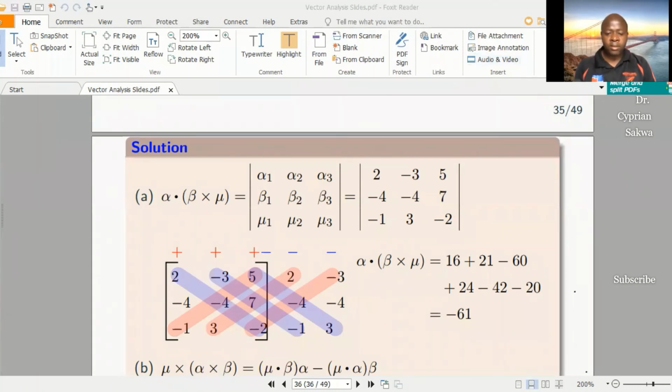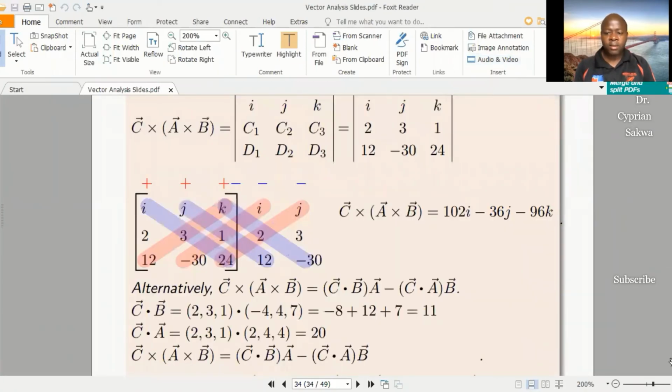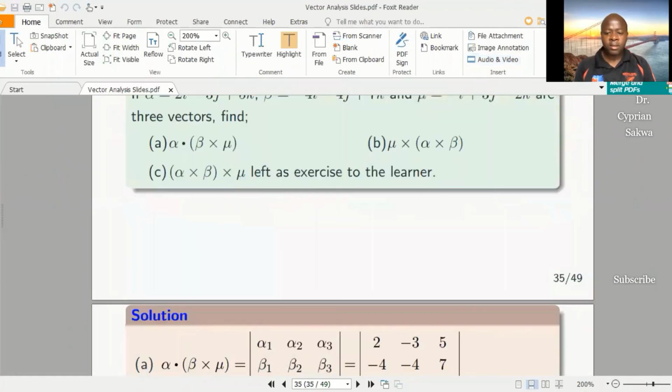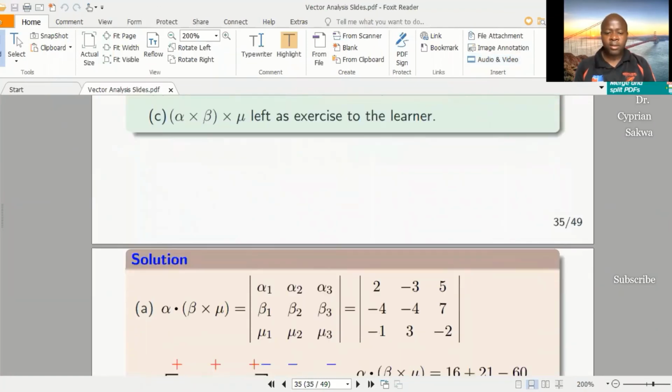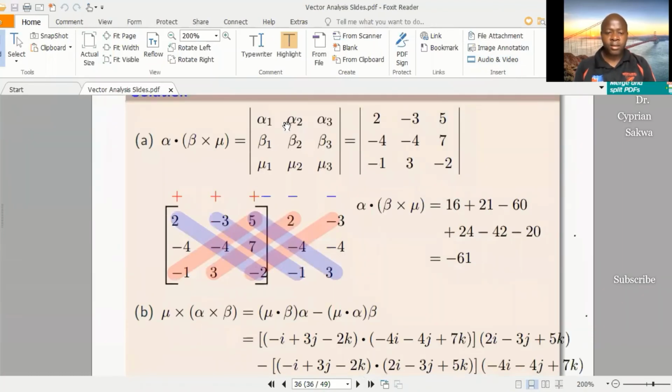What about this? I want to use the easier method. The easier method for this is where I get this dot this, and the answer I multiply by alpha, then minus this dot alpha, and the answer multiplied by beta. So that's what I did.